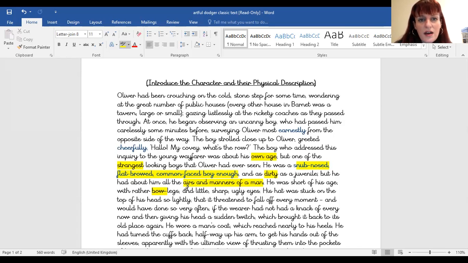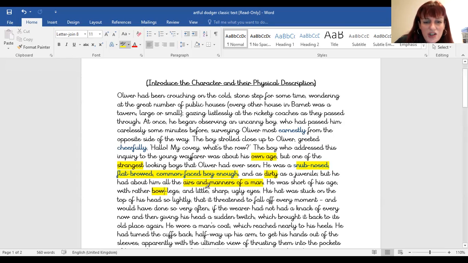And in the 19th century, getting fresh fruit and veg was a problem, particularly if you were really, really poor, like Dodger clearly is. And so, although it's not saying that he has always been poor, it's giving us a hint that he has always been poor and that he doesn't have a great diet.